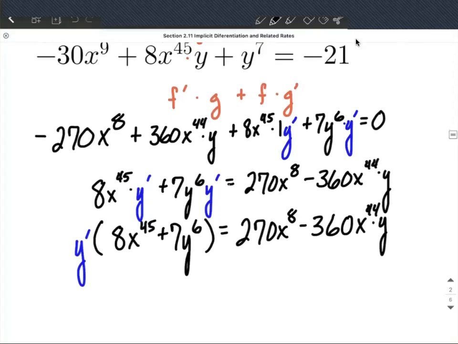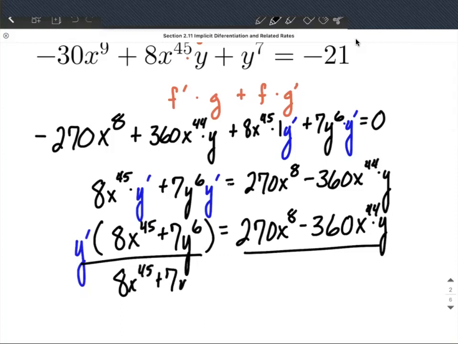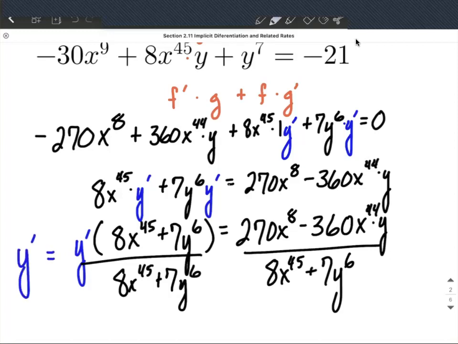All that remains is to get the y prime on one side by itself, so I'm going to divide both sides by that big set of parentheses. So that is the formula for our derivative.